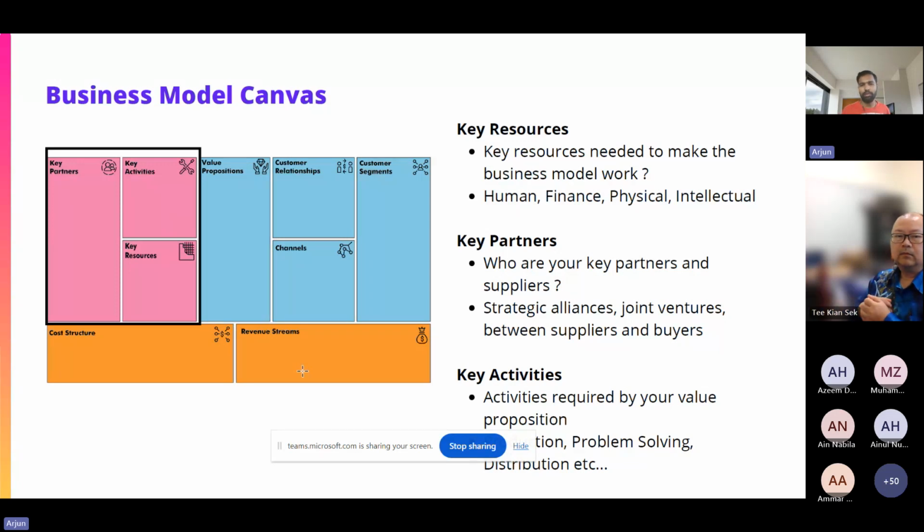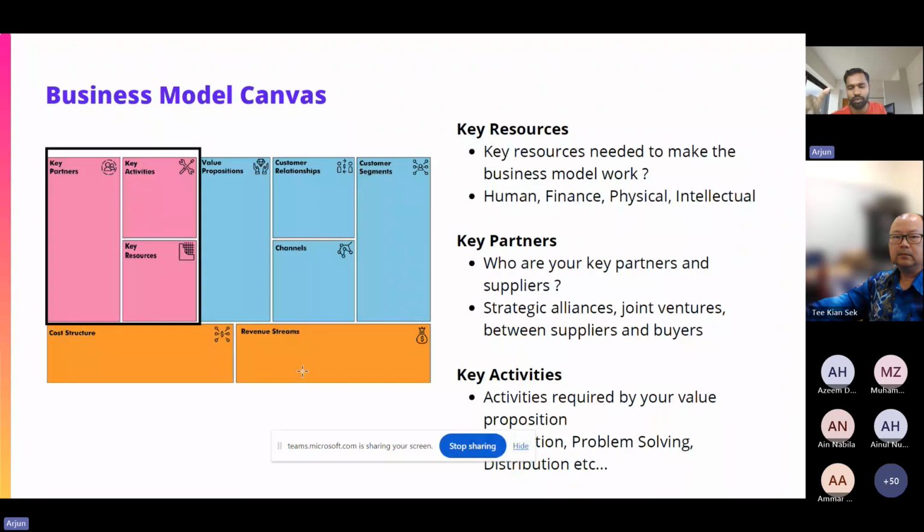They came up with a platform where they connect buyers and sellers, an e-commerce platform. So the e-commerce platform is their key activity. Of course, they have many other businesses also, but for each business, you need to understand what your key activity is. And for this key activity, what are the resources you need?